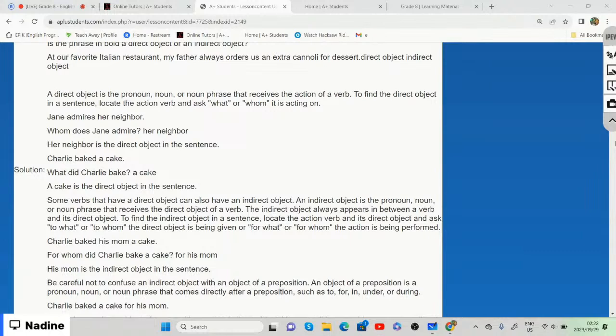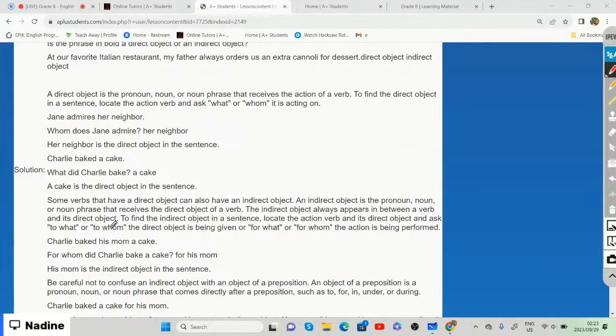And here we have an example. Charlie baked his mom a cake. So for whom did Charlie bake a cake? For his mom. And remember, the indirect object needs to appear in between the verb and the direct object.